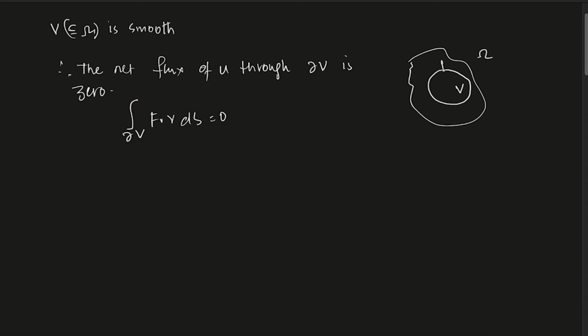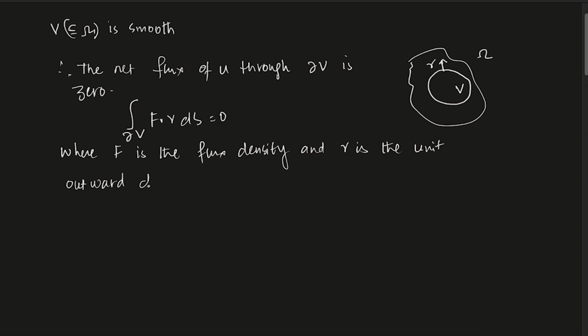Let's say gamma is the unit outward direction, where F is the flux density.